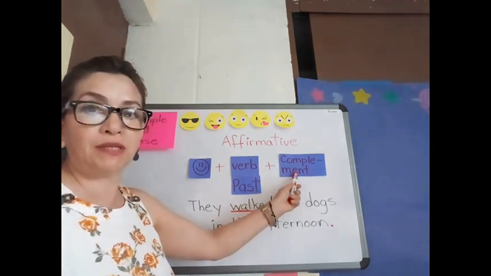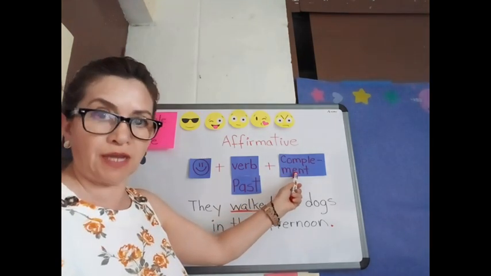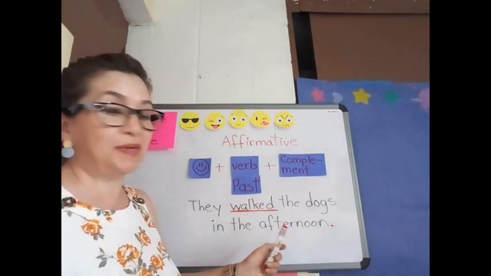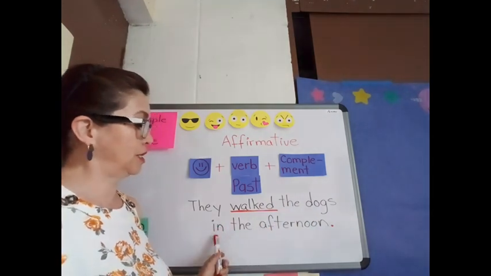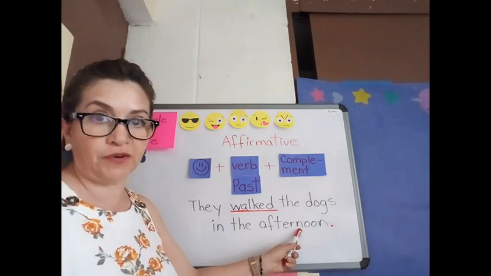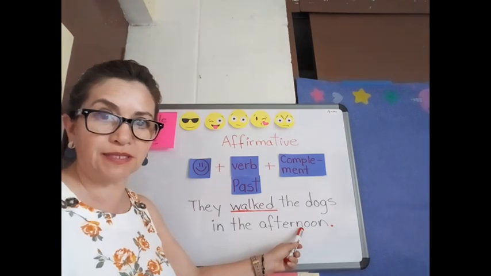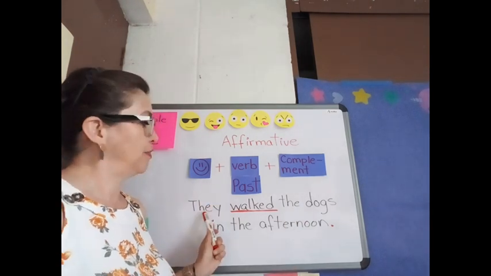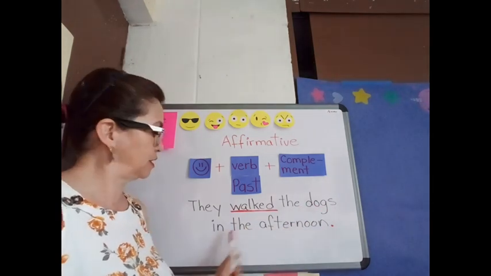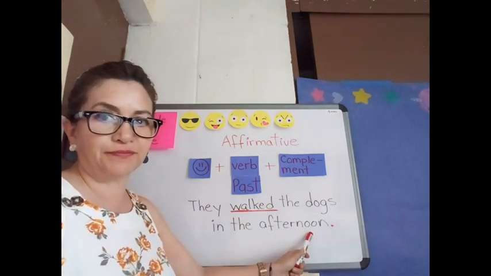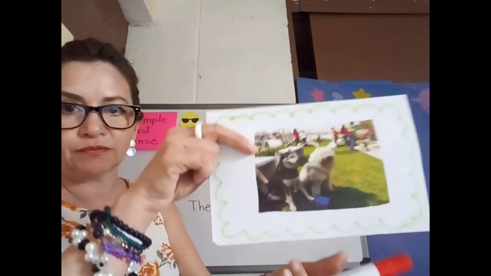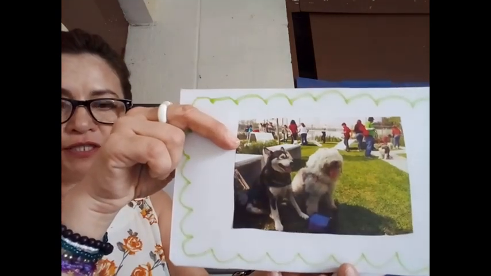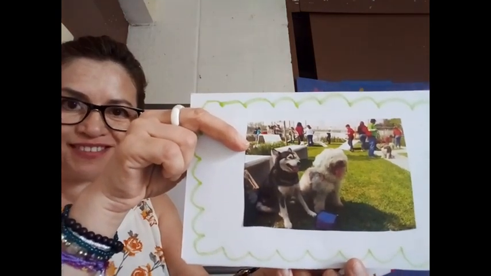In the complement, we usually put the time expressions. The complement is the dogs in the afternoon. Afternoon is the time expression for the past. Let's read the sentence again. They walked the dogs in the afternoon.